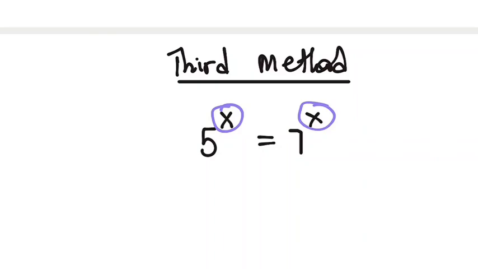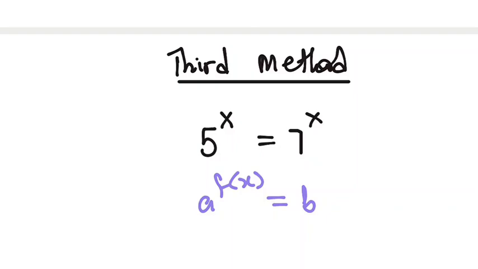So anytime you see something like this, where you have a constant a to the power of f of x equals a constant b to the power of f of x, where f of x is a polynomial function, that implies that you're going to equate f of x to 0.